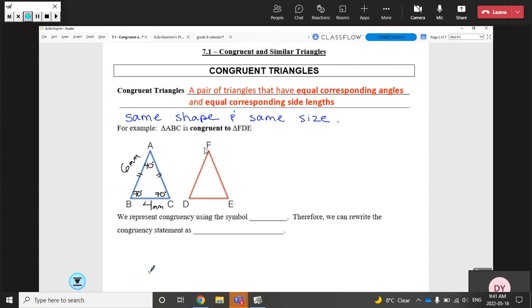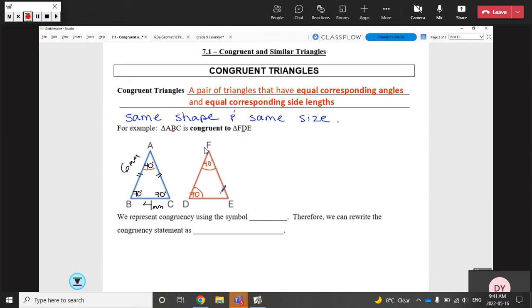Now, since this example expresses the fact that these two triangles are in fact congruent, what we know about this triangle is that this angle A is 40, so that means this angle F must also be 40. And it says B is 70, so that means our D must be 70.